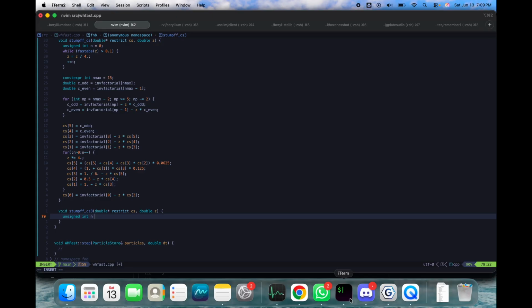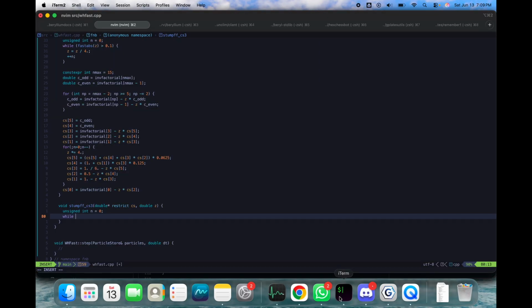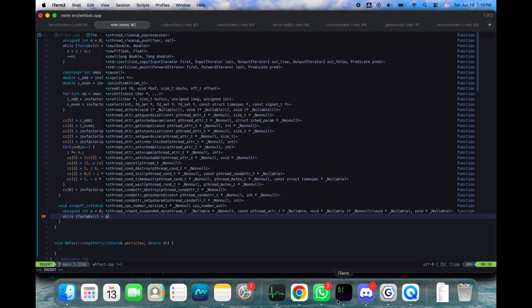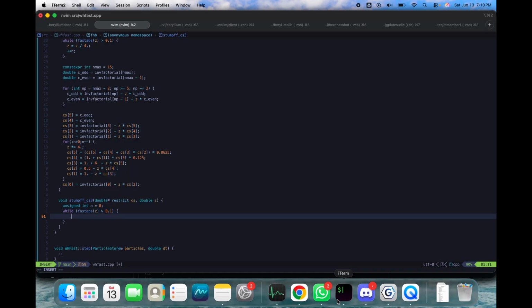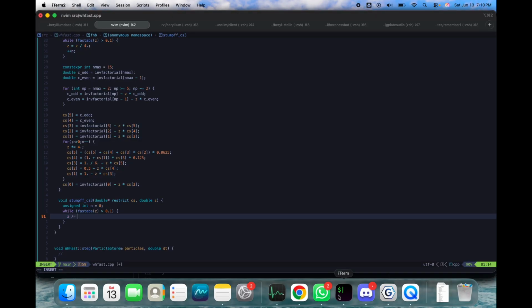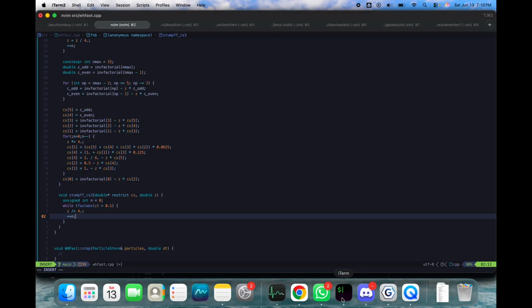Unsigned int n equals 0. While fast abs Z is greater than 0.1, Z divides by 4 and n increments.